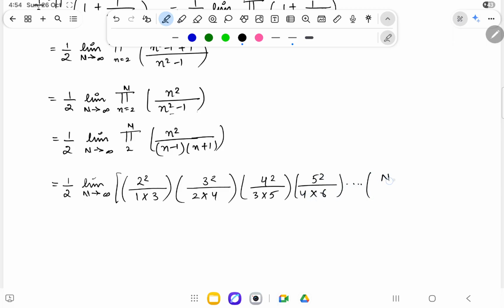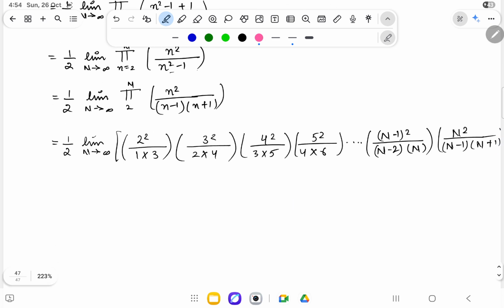So the second last term will be n minus 1 square by n minus 2 times n, and the last term will be n square divided by n minus 1 and n plus 1. Now if we observe carefully, this 2 is balanced by the 2 in the denominator in the next term.